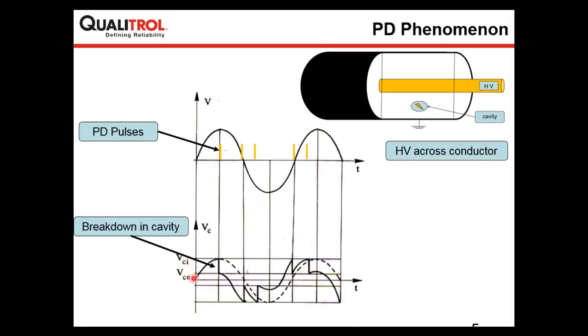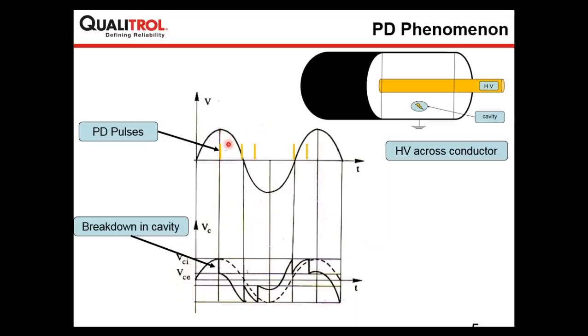As voltage builds up on the cavity, it may discharge at a certain inception voltage. As soon as it discharges, it releases its energy into different forms, and whenever the voltage built up on the impurity discharges, it gives partial discharges.